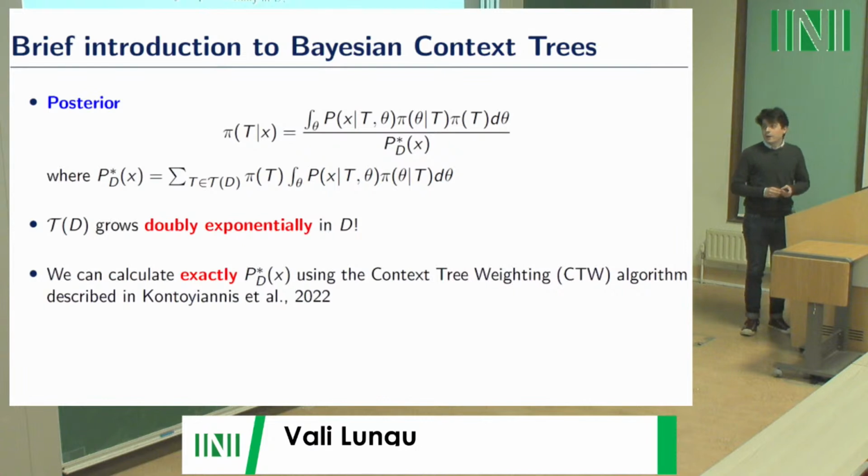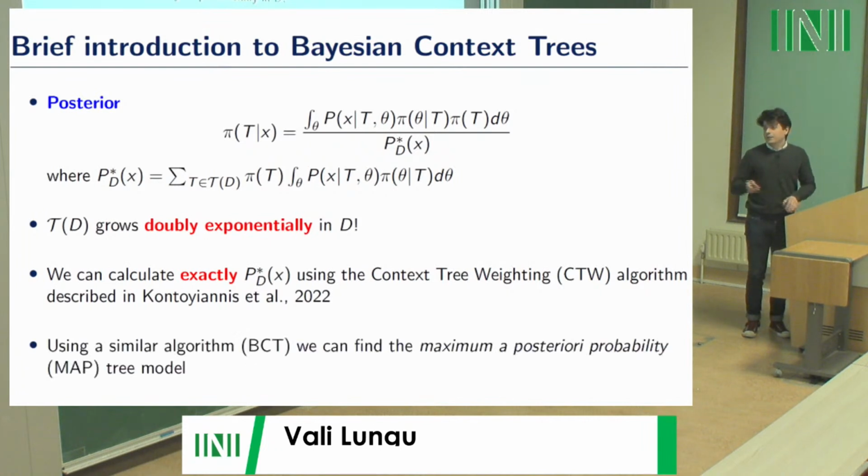But what we can do is use the so-called context tree weighting algorithm, or in short the CTW algorithm, which allows you to calculate exactly the prior predictive likelihood, because we used those kind of priors that I talked about before. So this is really good. And then there's another algorithm called the BCT algorithm, which can help you to find the MAP tree model.